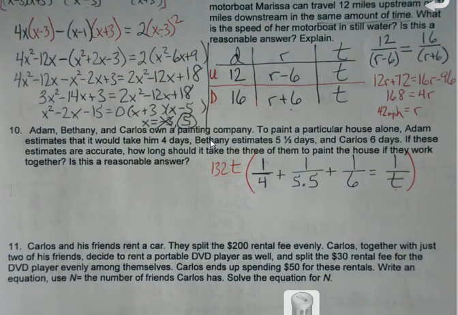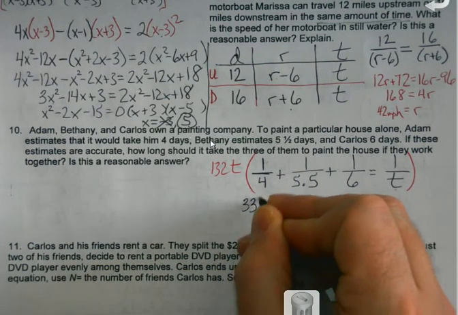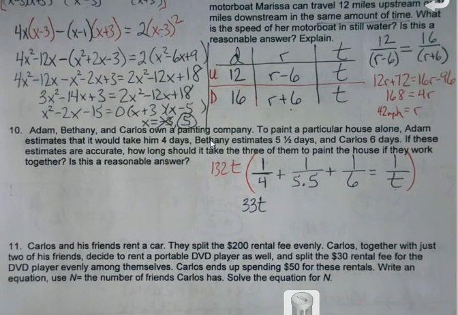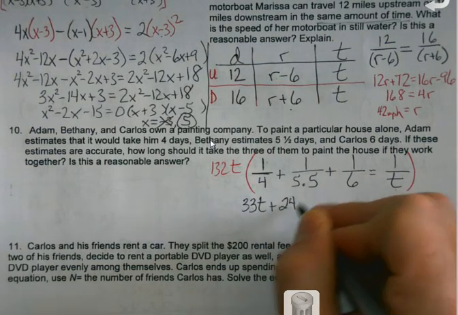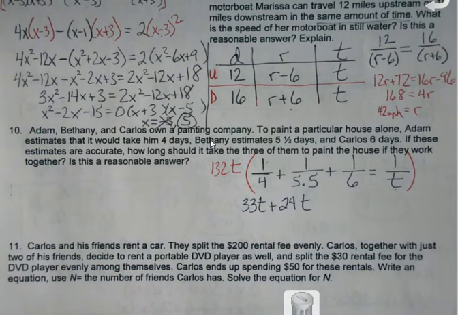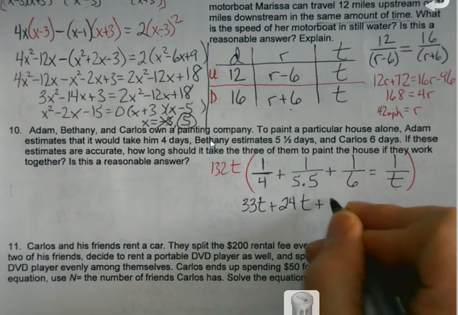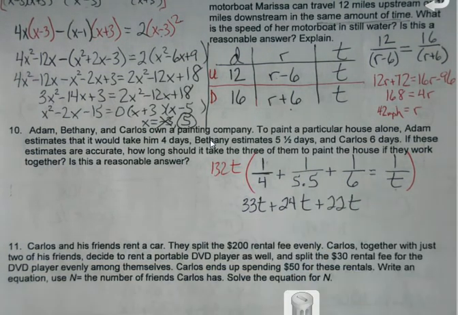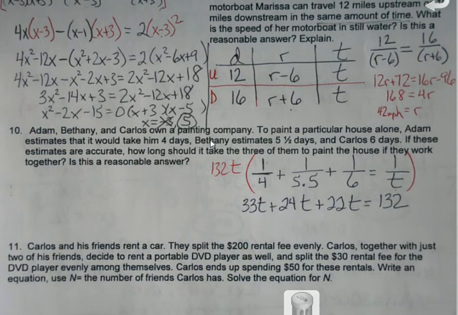And I'm going to go fraction by fraction, working this out. 132 divided by 4 is 33, but the t doesn't cancel, so keep the t. 132 divided by 5.5 is 24. 132 divided by 6 is 22. And for my last one, the only thing that cancels is the t.